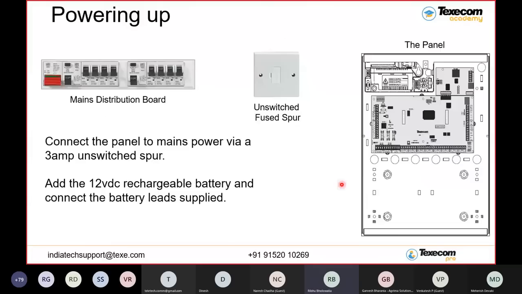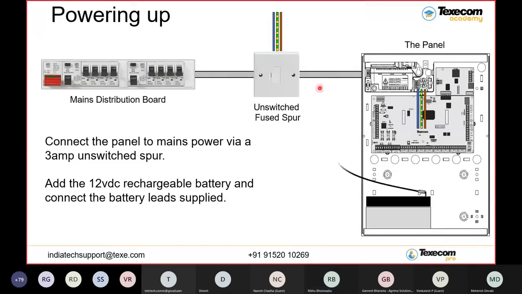Okay, we'll move to the next slide. Now, powering up your control panel. This is the main power source where you are getting the main power supply. You have to connect an unswitched fuse over there, and the battery is connected with the control panel. So a 12 volt 7Ah battery inside the control panel's box.